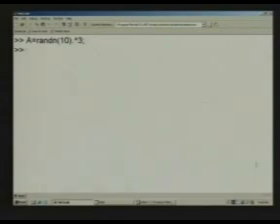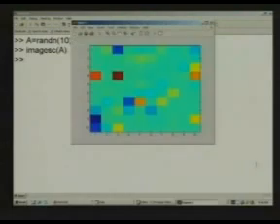Then I will use imagesc, the scaled image of A. You will know more about it later on. Let us see what is happening. So this is the scaled image of A, you can see here.